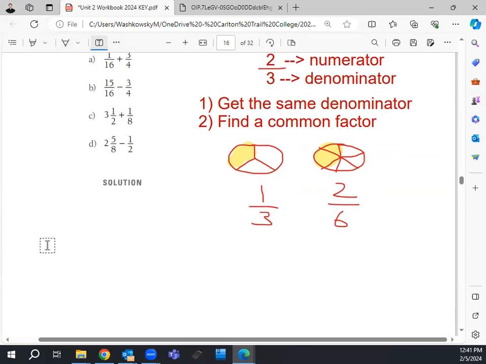So let's do this first one here. First one is 1/16. So question A. It's 1/16 plus 3/4. Well, I need to get the same denominator, right? So I can see that, oh, well, 4 is a factor of 16, right?